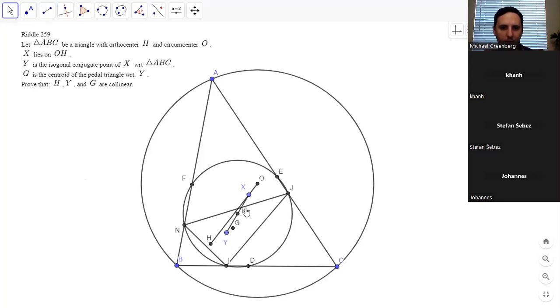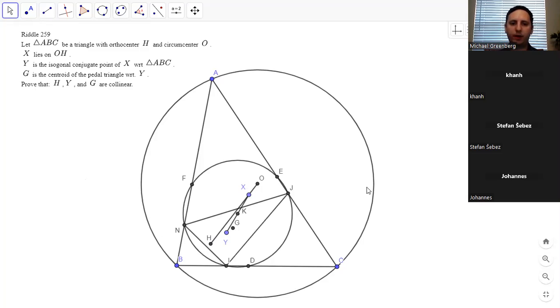So we want to show, so we have X and Y. Maybe we could show HK. Okay, we know HK is a median in triangle XHY. Sorry, what is K?